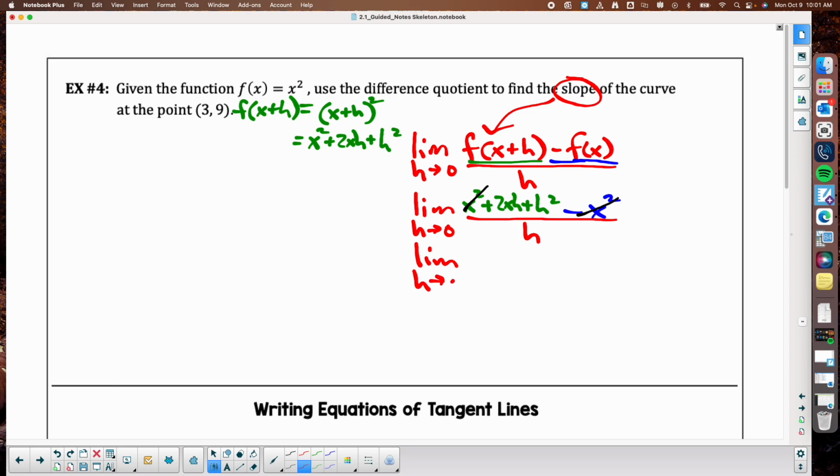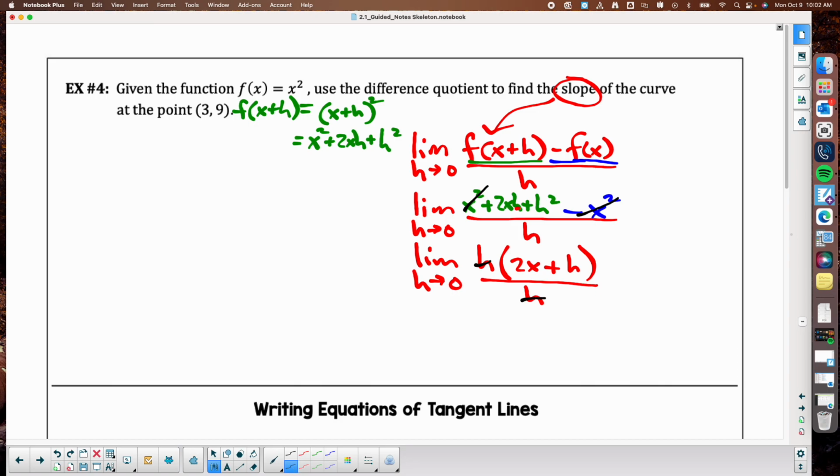Because of space, I'm not going to write it twice. Because they both have an h, I can factor an h out. And then this will cancel.